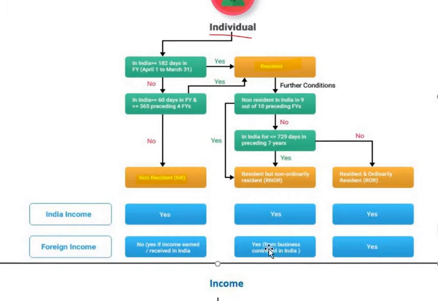Coming to the resident but not ordinarily resident, yes, it will be taxed only when the business is controlled out of India. If the business is not controlled out of India and the money is received outside India, then the taxability doesn't happen in India. Coming to the foreign income of a non-resident, it will definitely not be covered in Indian taxation.